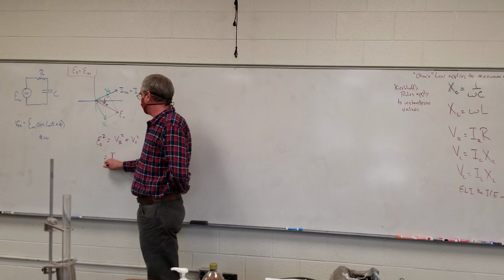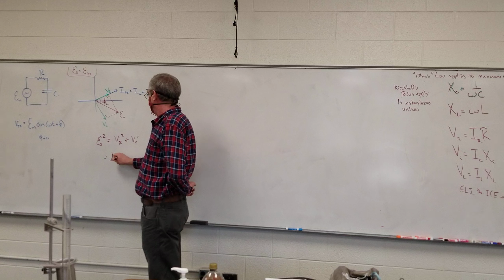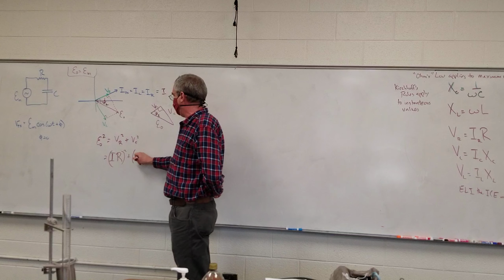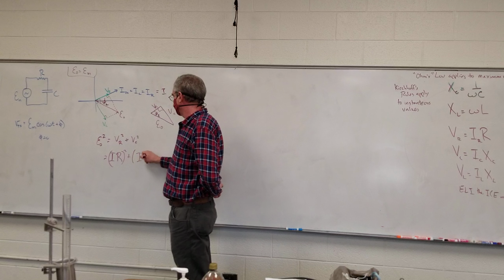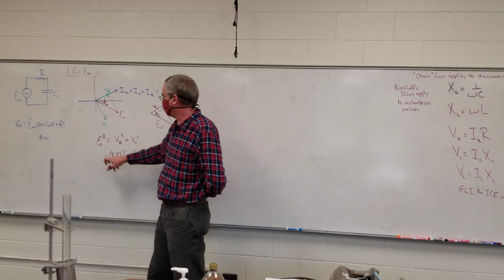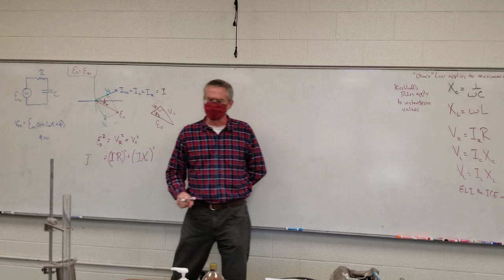It's the same current flowing across all of them. So that's I times R, squared. This is I times X sub C, the capacitive reactance, squared. And that's going to be equal to the current times something here.